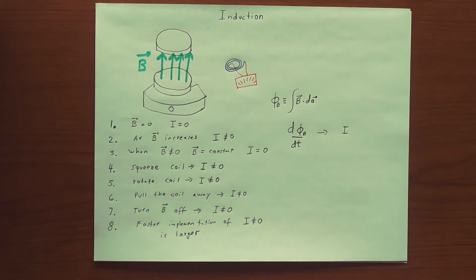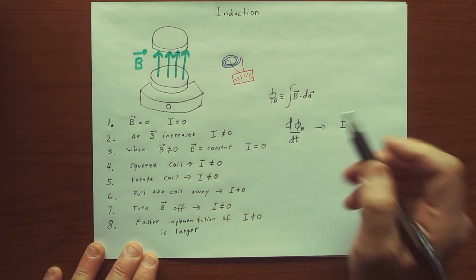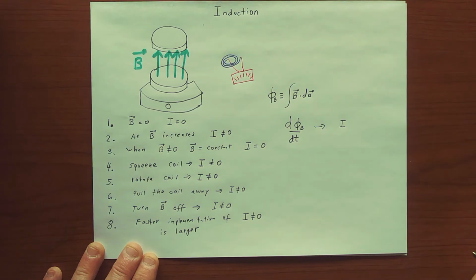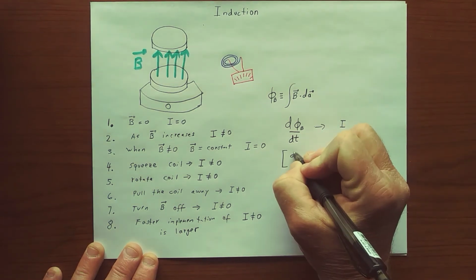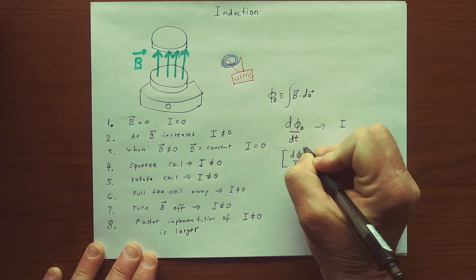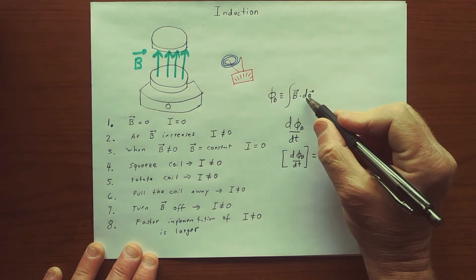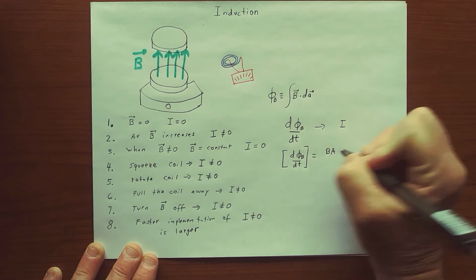But now we want to get a sense of what is the mathematical relationship between current and changing magnetic flux. And to do this, we can argue from dimensional analysis. So what are the dimensions of changing magnetic flux? Well, magnetic flux is magnetic field times area, so that's B times area.